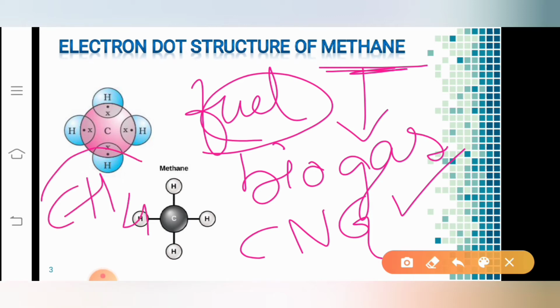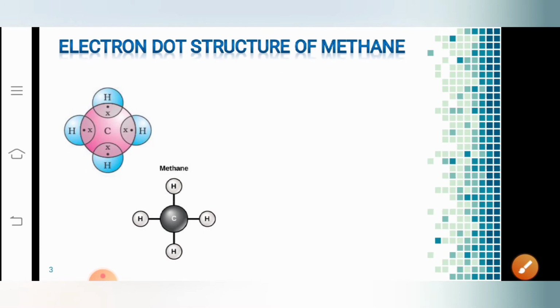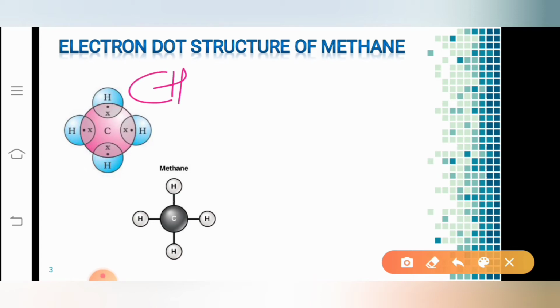It is the first member of alkanes, and it is a simple carbon compound. It is the simplest compound formed by carbon, and its formula is CH4. Now let us write the electron dot structure for methane. As methane has the formula CH4, it has one atom of carbon and four atoms of hydrogen.